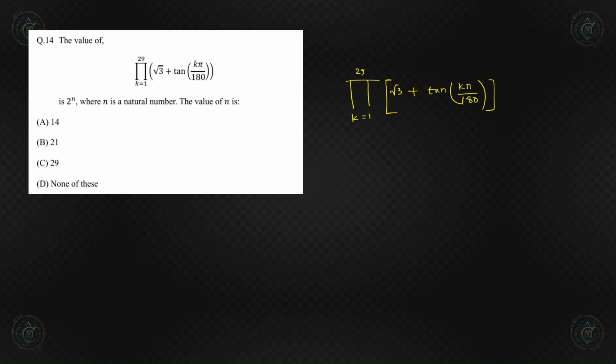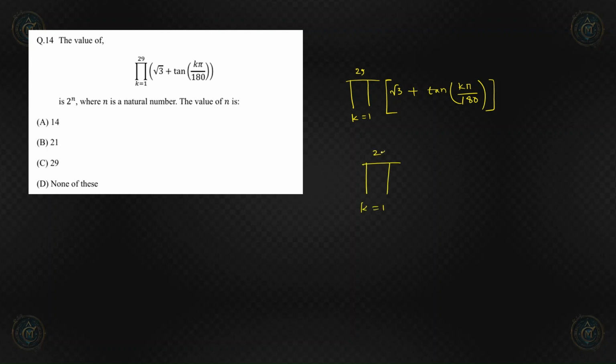We generally form a telescopy, so that terms cancel. That will be our approach. So first of all, our standard approach is to break the tan, cot, cosec and sec into sine and cos. So convert everything into sine and cos. That's it. So let us do this.